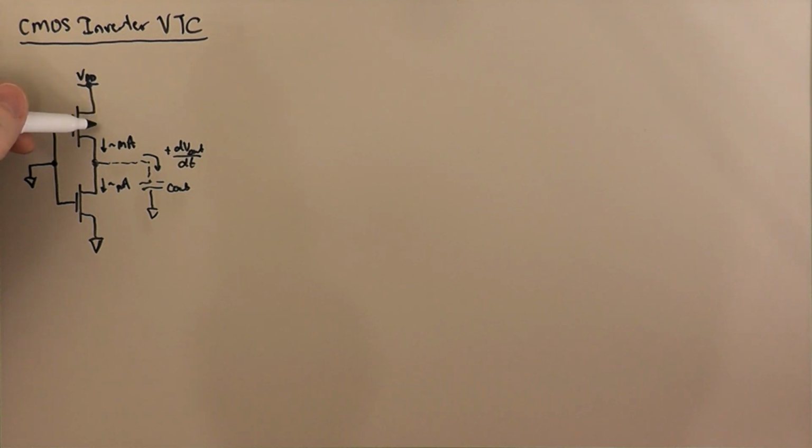It's going to go deep into the ohmic region with just a tiny little bit of source to drain voltage across it, just to pass the tiny amount of picoamps worth of saturation current that the NMOS transistor wants.